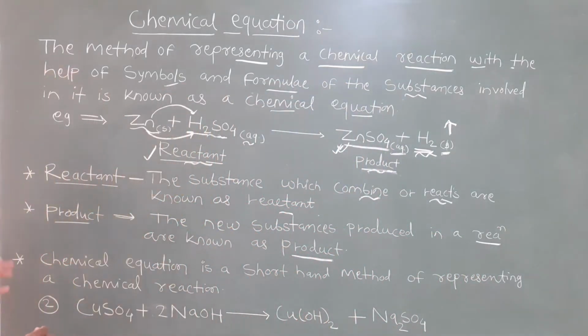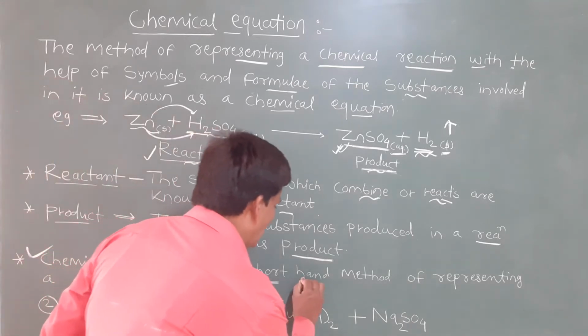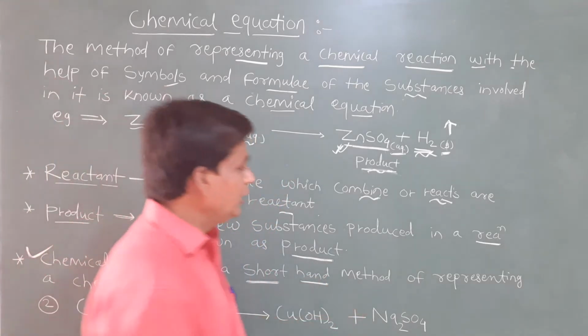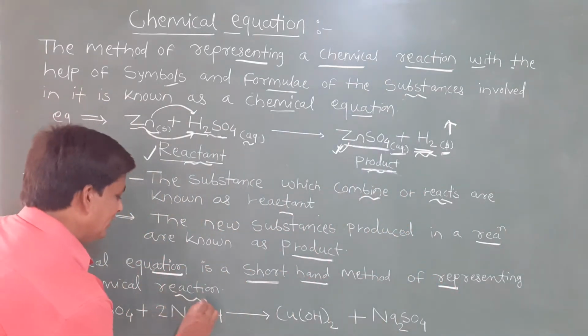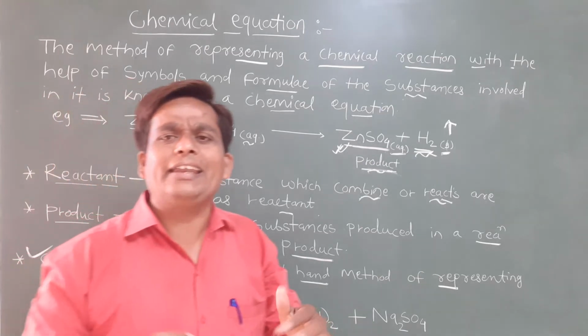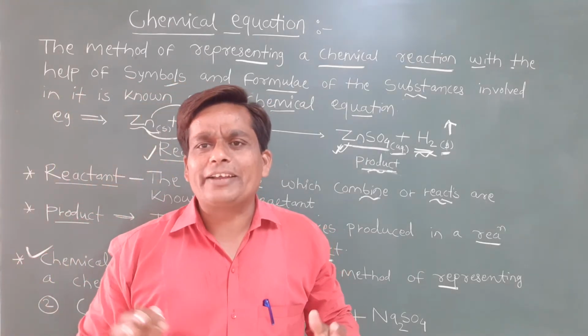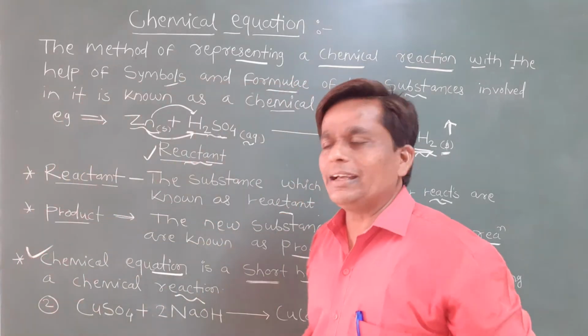So a chemical equation is a shorthand method to represent any kind of chemical reaction. We'll discuss one more example so you can understand easily.